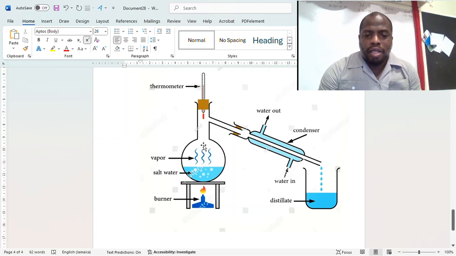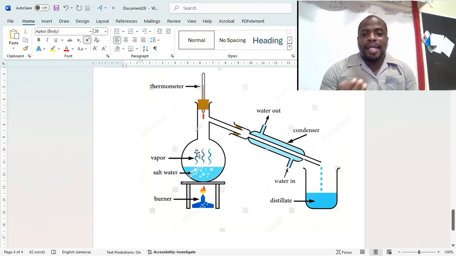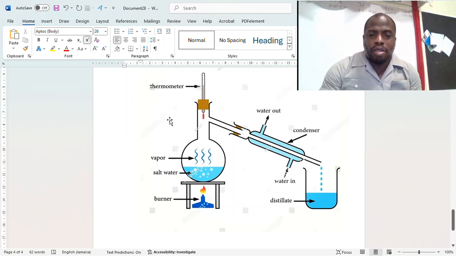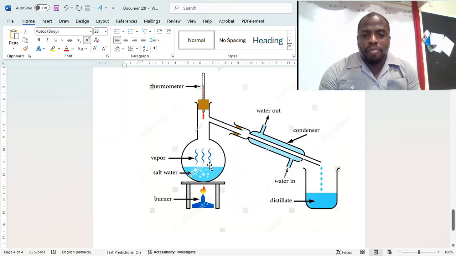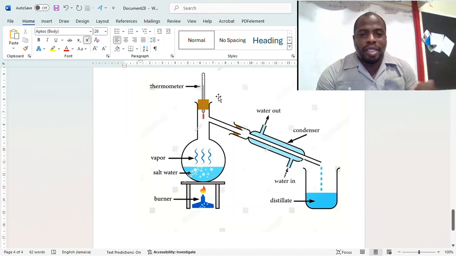Hot air rises, and the temperature is here. CXC likes to bring this diagram as a multiple choice. Sometimes they put the thermometer on the outside, sometimes in the liquid, in different places, or they don't have any thermometer in here at all.